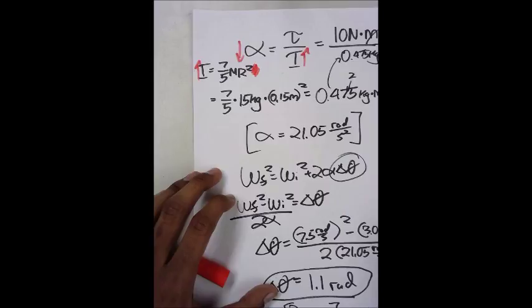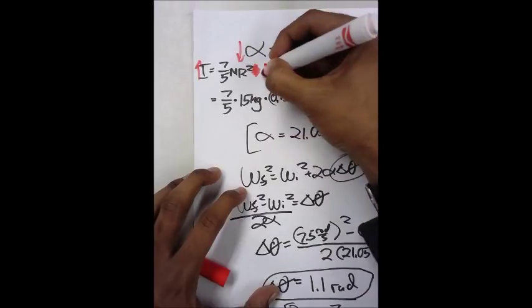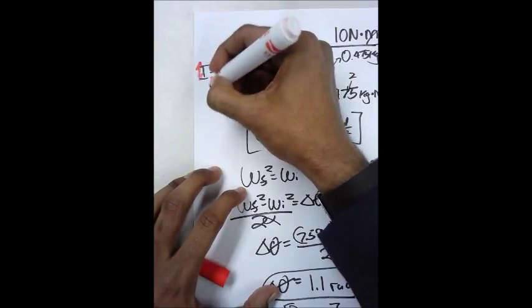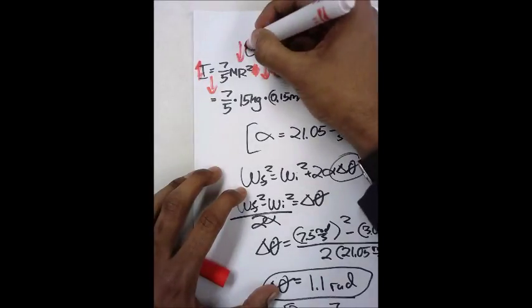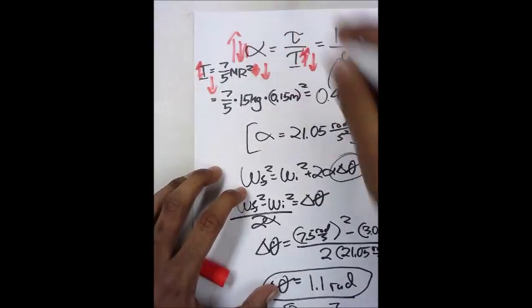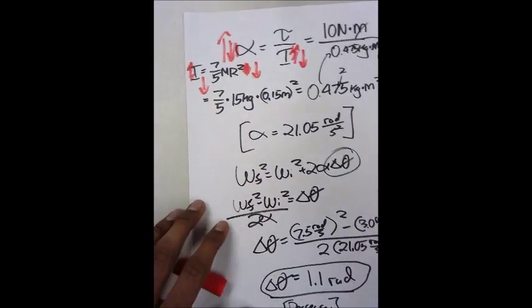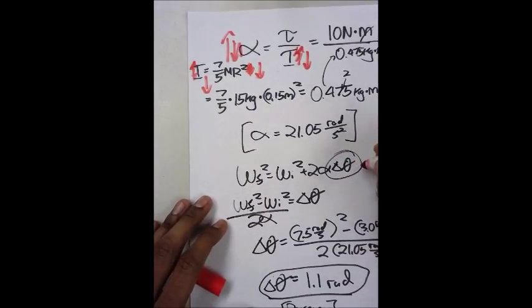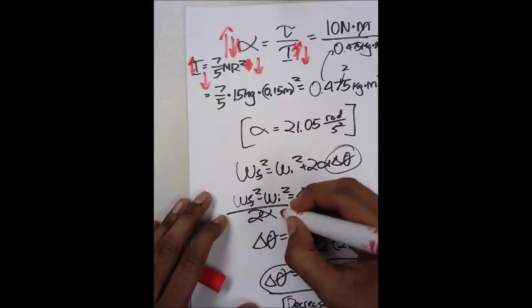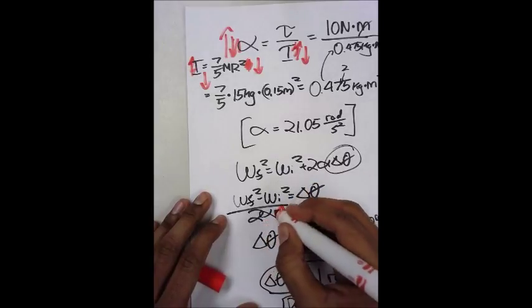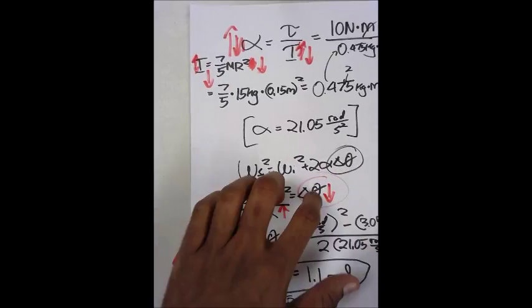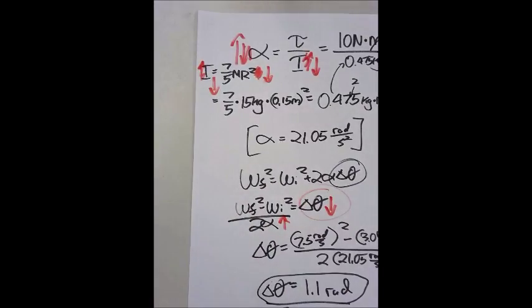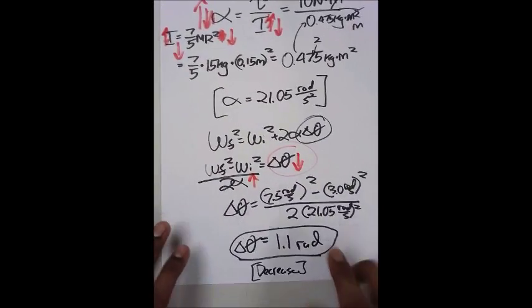I apologize. So if the sphere's radius was 10 centimeters as opposed to 15, moment of inertia would go down. Angular acceleration would go up. And then if angular acceleration goes up, you're dividing by a bigger number, so delta theta goes down.